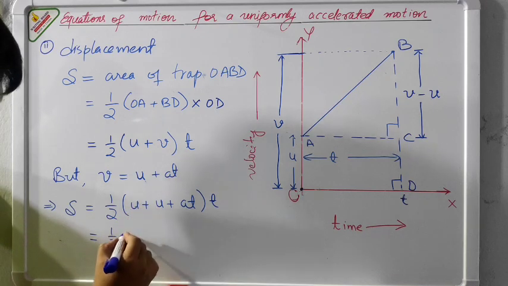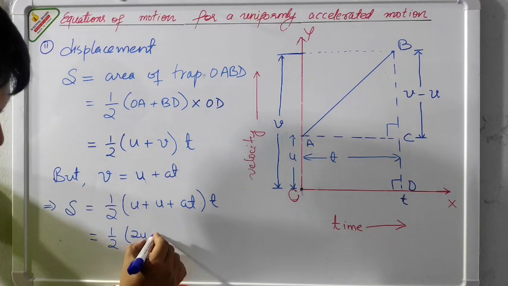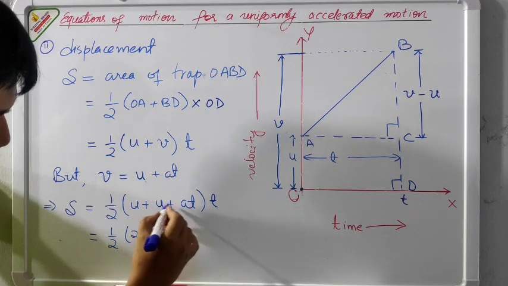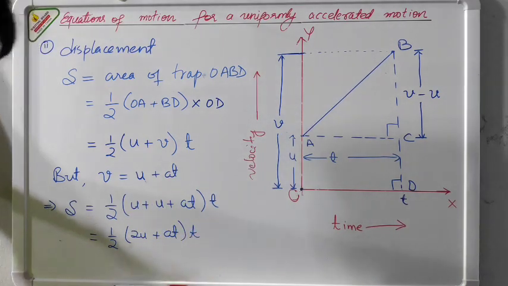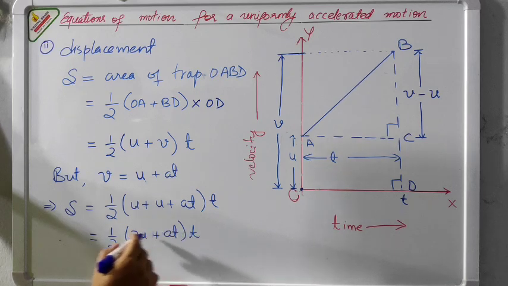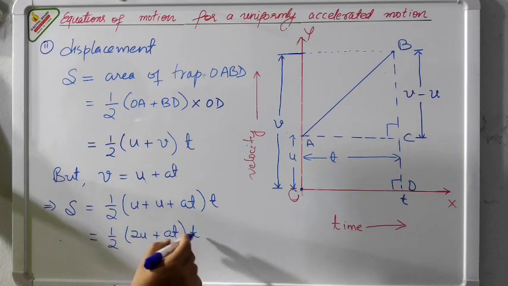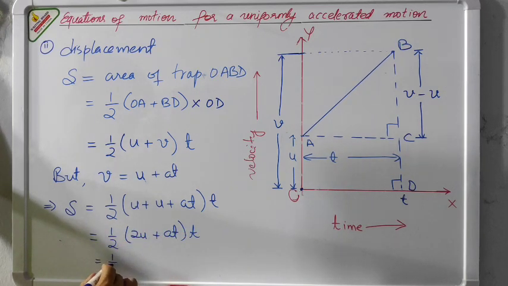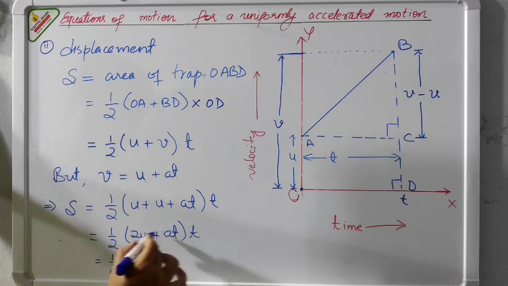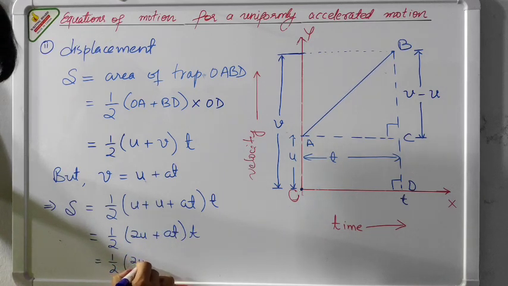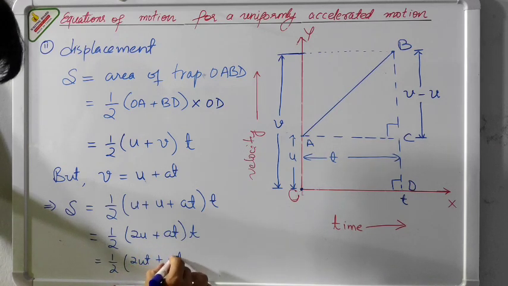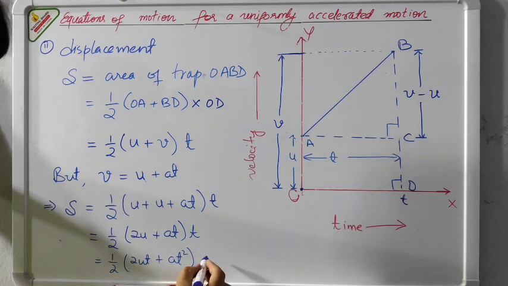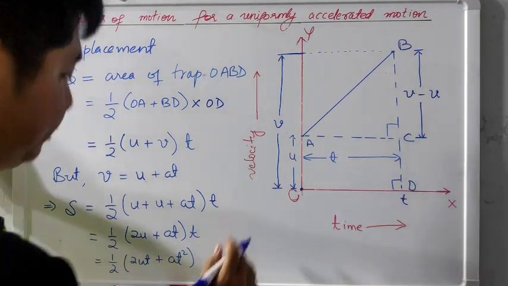Half, u plus u is 2u plus at, into t. Let me multiply with t first. Half into t into 2u is 2ut, plus at into t is at square.